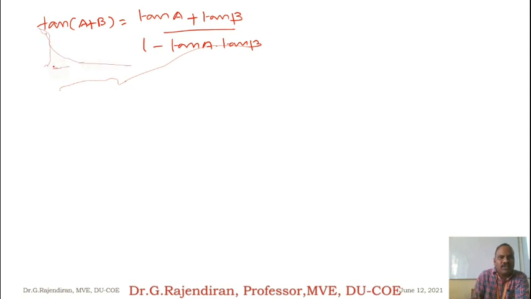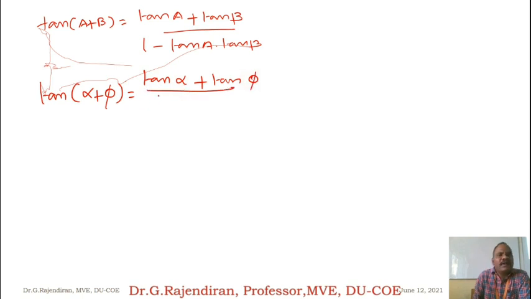Just to convert this, tan of alpha plus phi is equal to, similarly, how can we write? Tan alpha plus tan phi divided by 1 minus tan alpha into tan phi, correct?